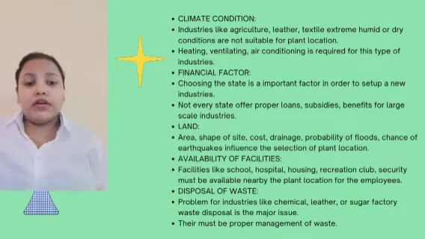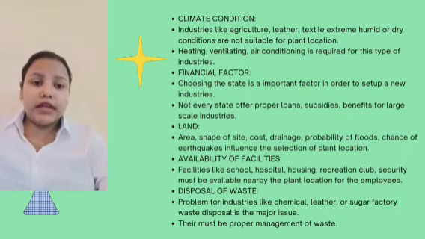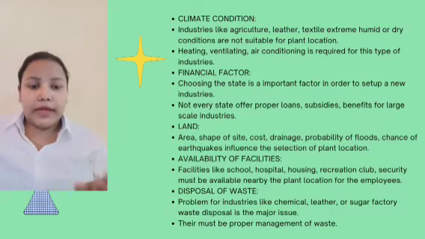So we have to look into that. We must have a proper disposal facility, and there must be proper management of the waste released from the industries. All these factors are included while selecting the location for the plant.